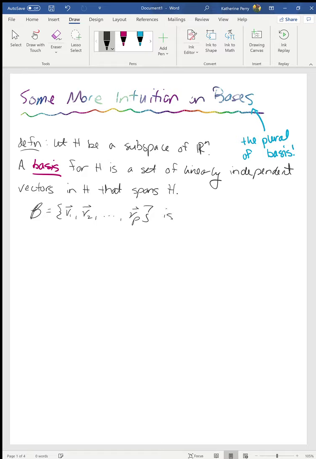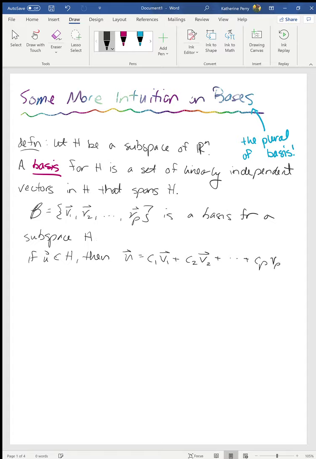And let's say this is a basis for a subspace H. Then what this means is that if u is a vector in H, then u is equal to some linear combination of these vectors in the basis: c1 v1 + c2 v2 up to cp vp.